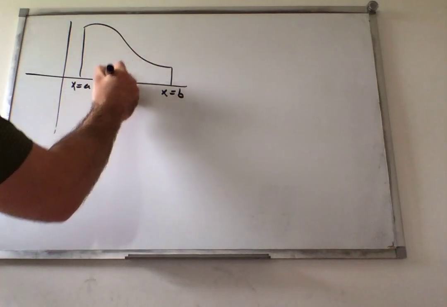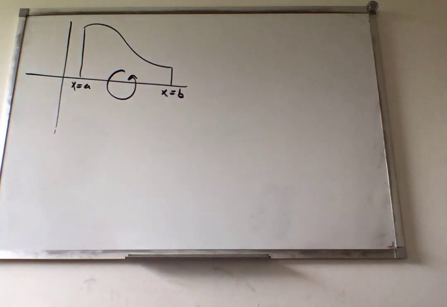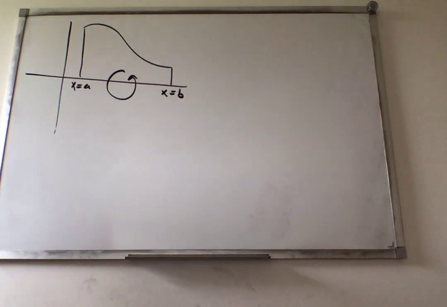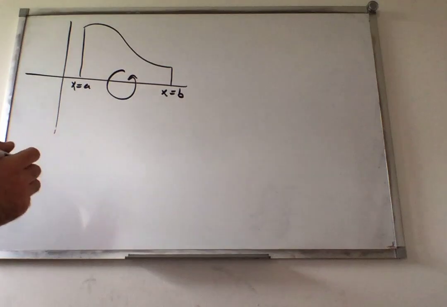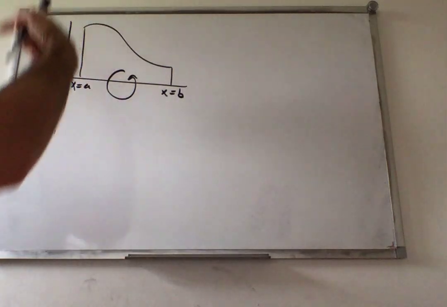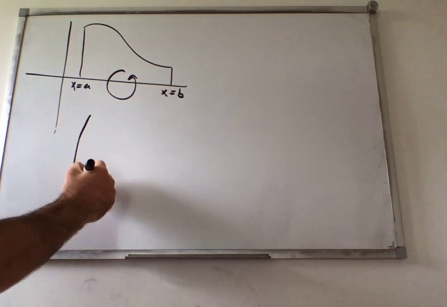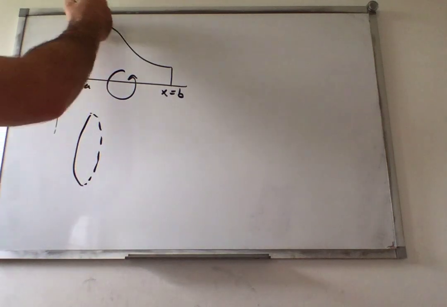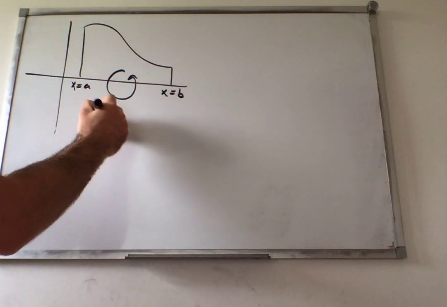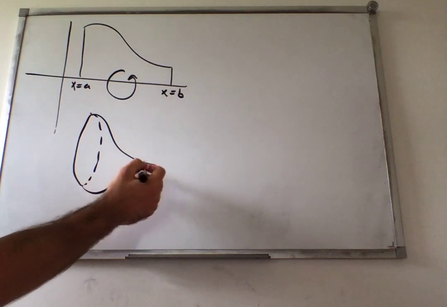So we're going to take this and revolve it around the x-axis, and if you were to draw the shape of what it looks like after the revolution, well, that part's flat. If I'm revolving it in a circle, it's going to give me a circle, something that looks like that. It's also going to be on the other side.